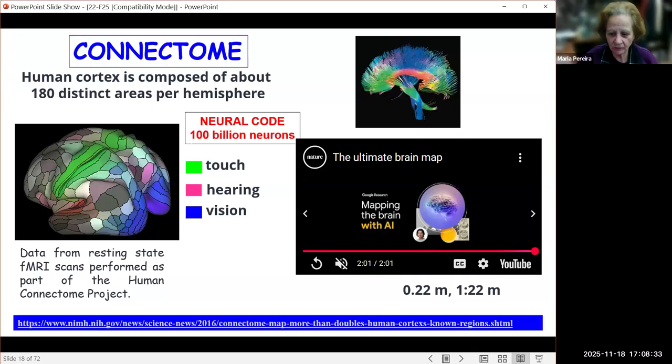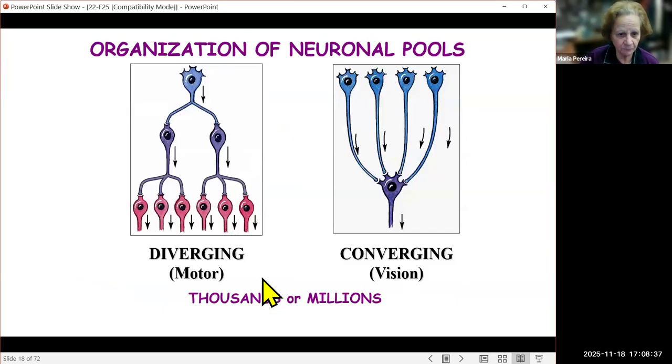Okay, so I hope I'm not confusing, but this is all fascinating to me. Okay, so how can these neurons, these networks, be organized? We have 5 different ways that I'm showing here. Diverging. So you see here one neuron synapsing with 2, then these 2 synapse with 3 more.